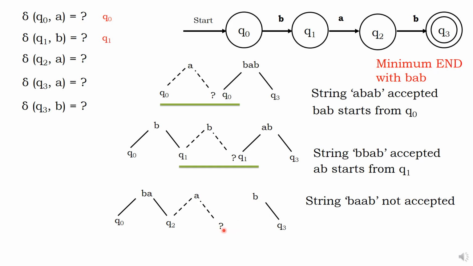Immediately, don't decide it is a dead state. Can we do something here to make it accept? What is that? It should end with BAB. Now it is ending with B. If you put AB here, next BAB, it will be accepted.